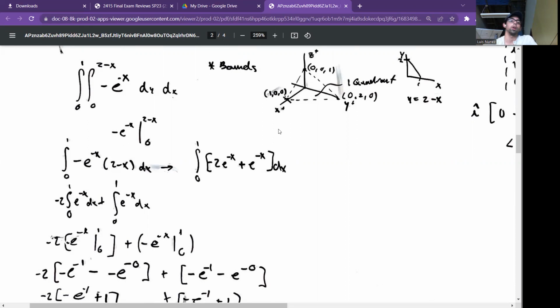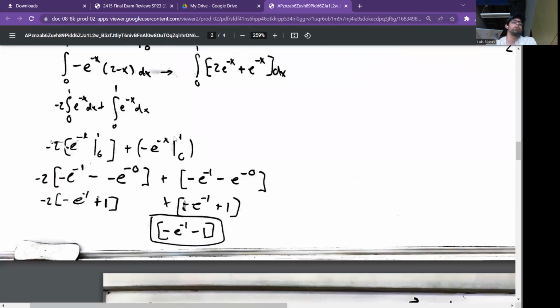I split the integral using the plus signs. Now that I have that, you can integrate between the two steps. The integral of negative e to the negative x is e to the negative x, plus negative e to the negative x, which is the second integral.